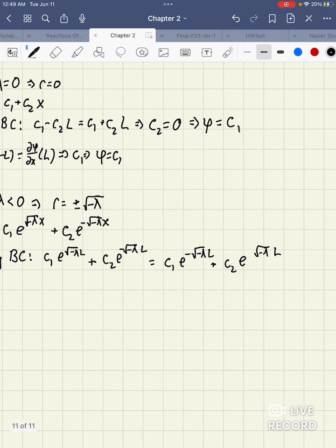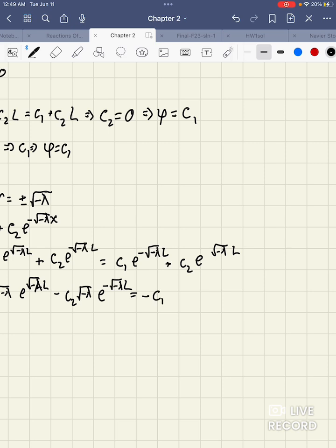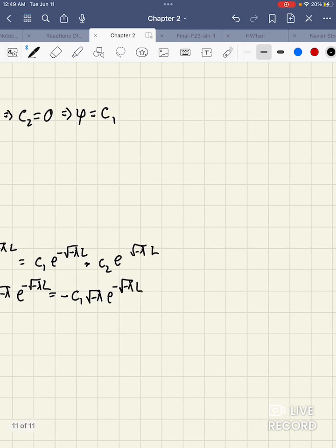Now if I apply the second boundary condition, I get c1 square root negative lambda times e to the square root negative lambda L minus c2 square root negative lambda e to the negative square root negative lambda L, that's equal to negative c1 square root negative lambda e to the negative square root negative lambda L plus c2 square root negative lambda e to the square root negative lambda L.